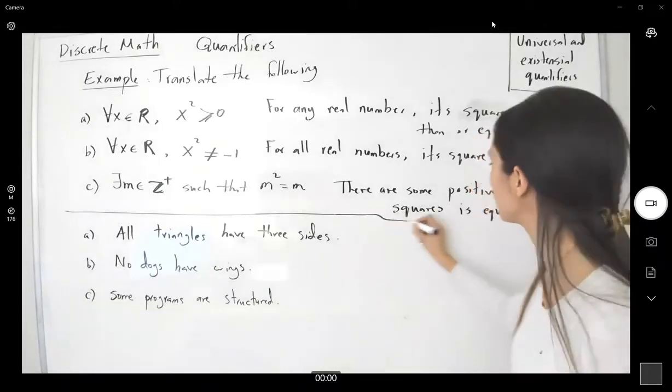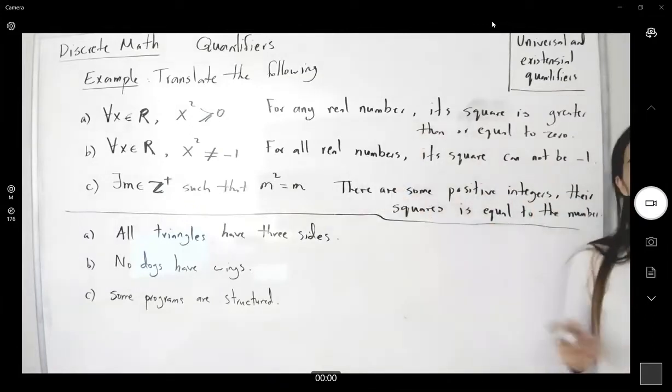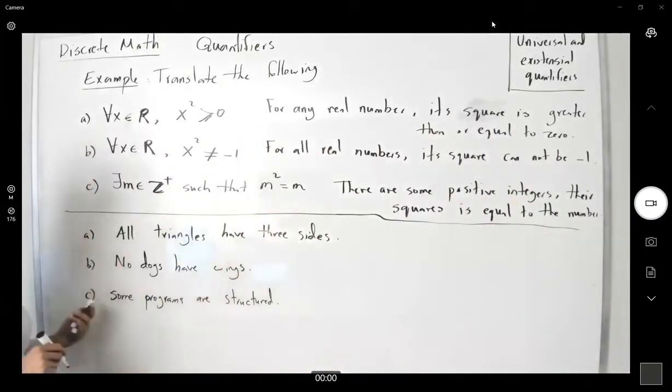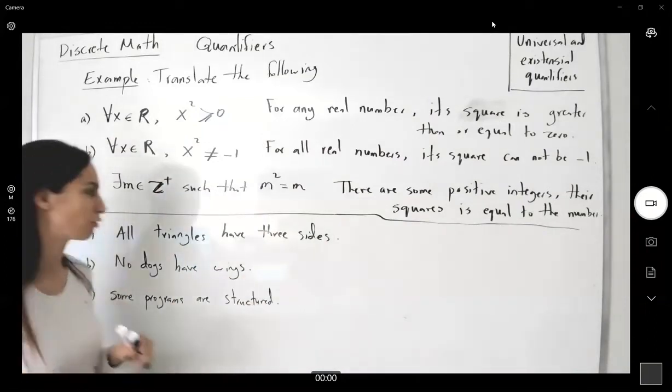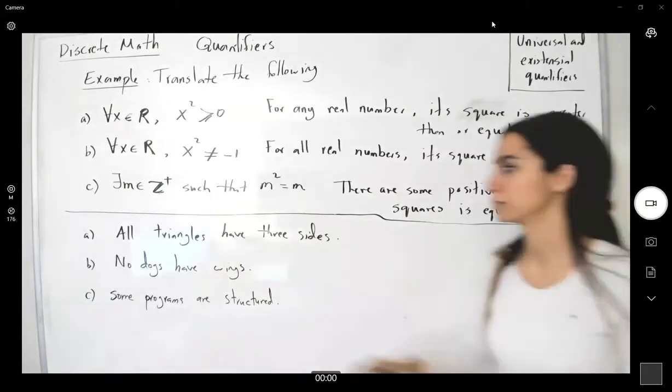So we have different ways of interpreting these or rewriting them in English sentences without using any mathematical symbol. Like this case. Here you have some sentences and you're trying to write them in universal form. So first, you need to talk about the domain.